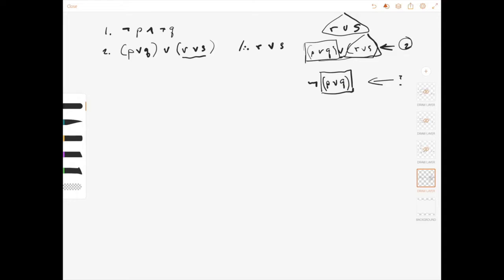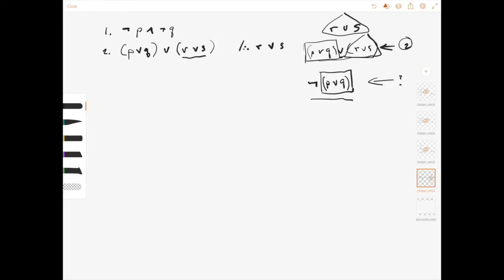So have a look at line 1. In line 1, we have the conjunction of two negations, and the expression we need is the negation of a disjunction, right? Does that ring a bell? It might, if you remember from the equivalence rules that we have De Morgan's theorem, which is exactly what I just stated.